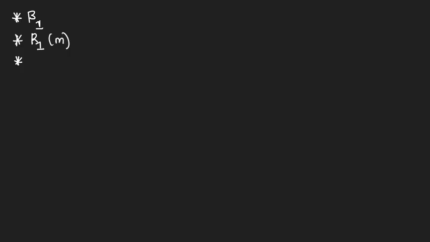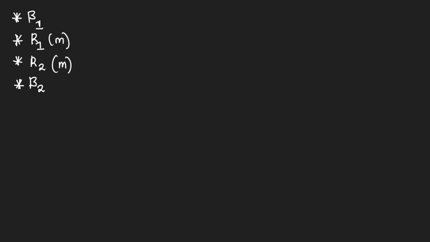And then they also give you another distance which they are calling R2, also measured in meters. Then they say, can you calculate the decibel level, which you are going to call decibel level 2. How do you go about this?